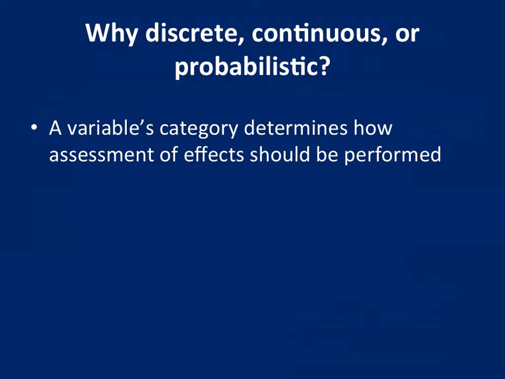So just to hit on this a little bit more, this idea of different types of properties in terms of how they affect what we're doing. When you have a variable that's either discrete, continuous, or probabilistic, it determines how you should assess the potential effects in your stand. So if you go out and it's very simple, we think about it in terms of fertilizer and weed control.